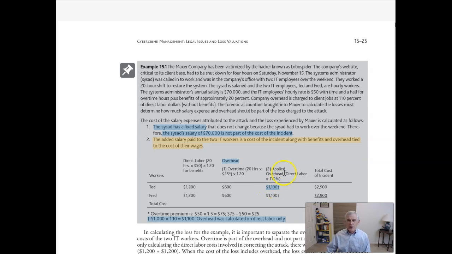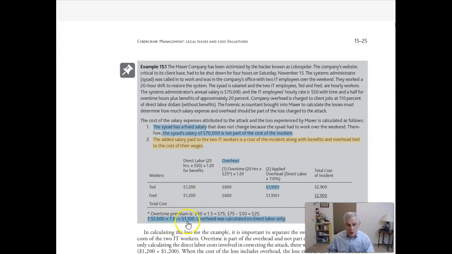Now I wanted to point this out, the applied overhead. Now in this company, overhead is applied at 110% of just direct labor cost. Not direct labor cost plus benefits, just direct labor cost. So looking at the 20 hours times 50, that would be $1,000. I know we have 1,200 here because we're adding 200 for benefits.